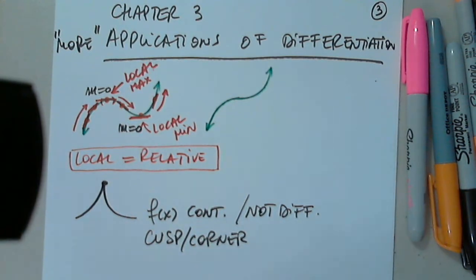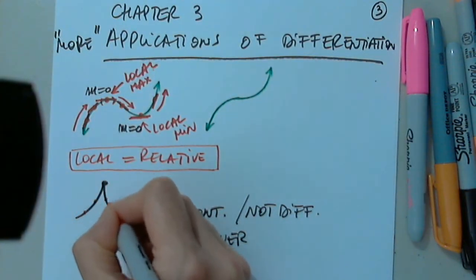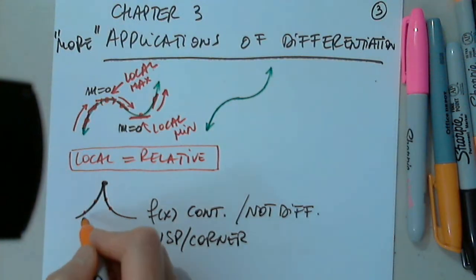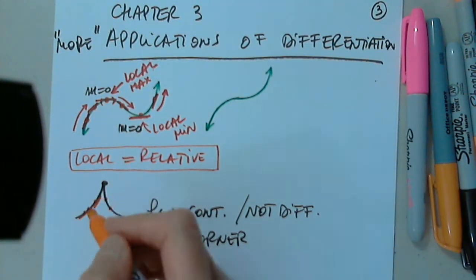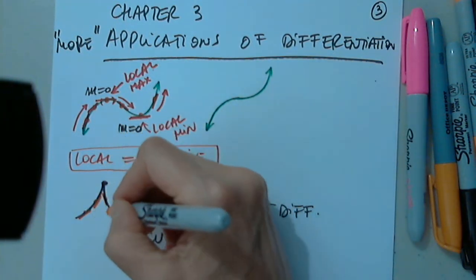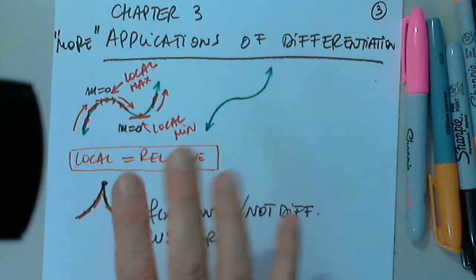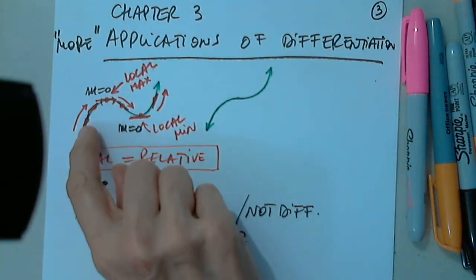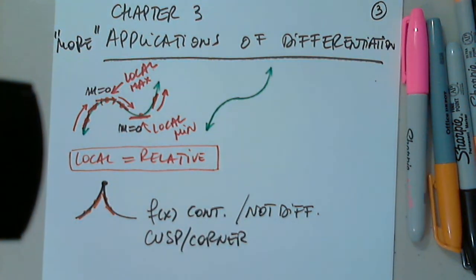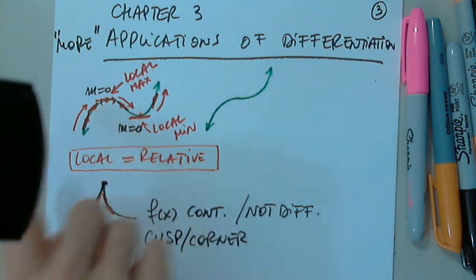Now, on this example, let's choose a few points. I'm going to draw the tangent. I'm going to draw the tangent. And I'll come back. Now, what happens? Can we draw a conclusion about the slope of these lines? Are they positive or negative?